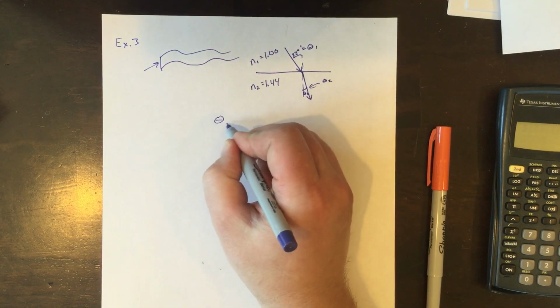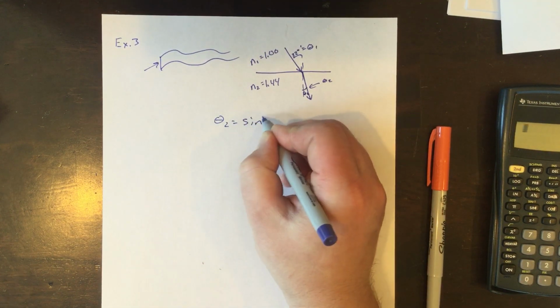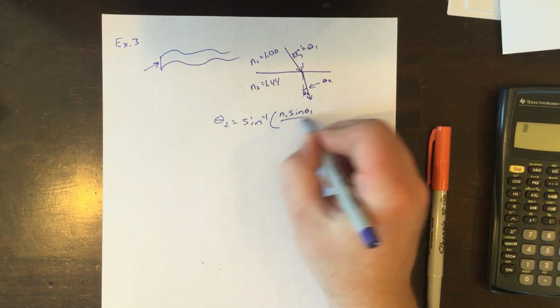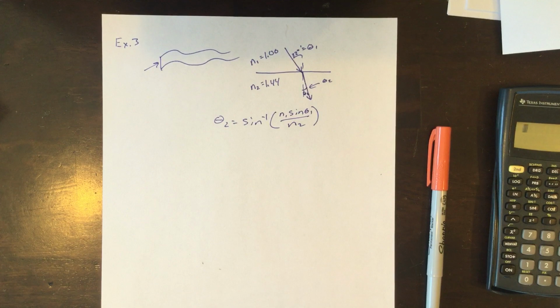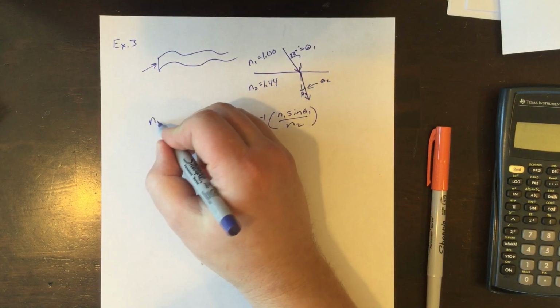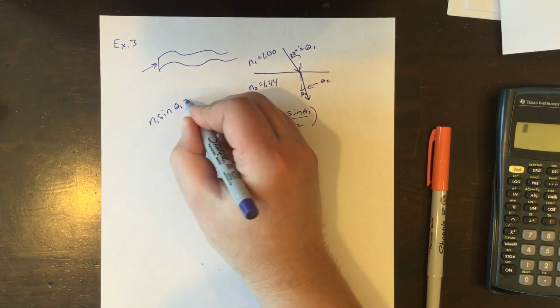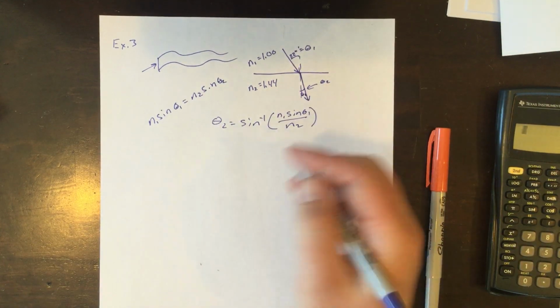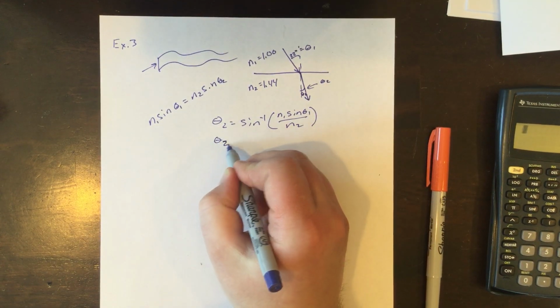So from the previous one, without showing how to get there, example number 1, this is what it turned out to be, from Snell's law. And we plug our values in.